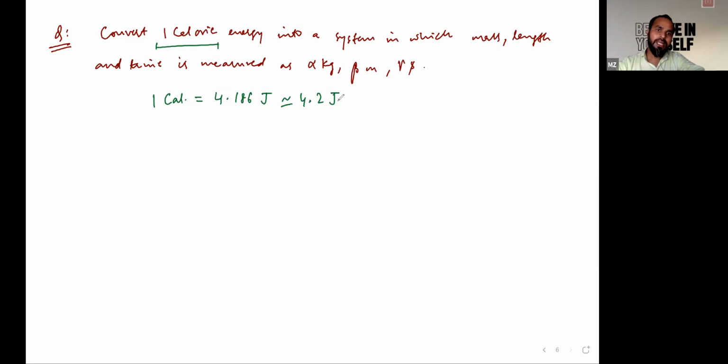Now this would be your energy E. So 4.2 would be the numerical value in the first system of unit. Now try to find as we have done for the last 2 questions. Okay, try to solve.